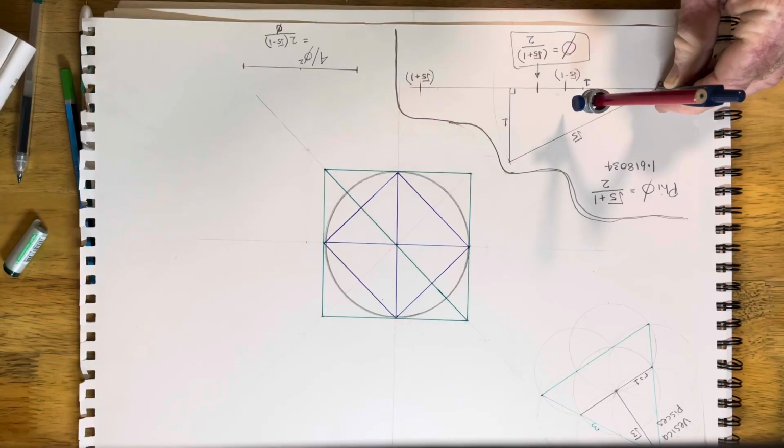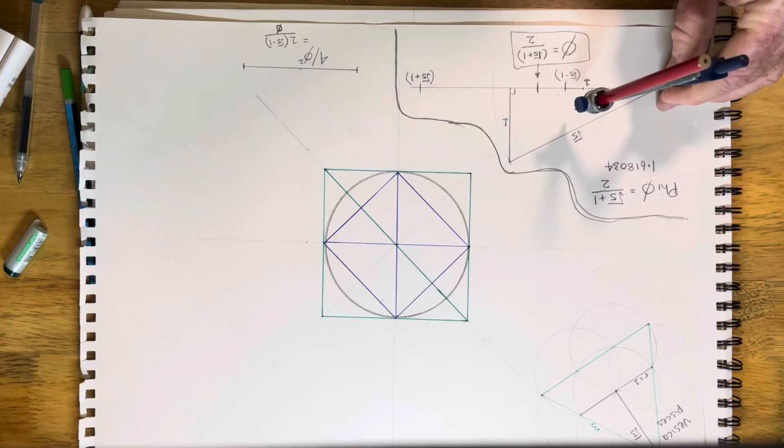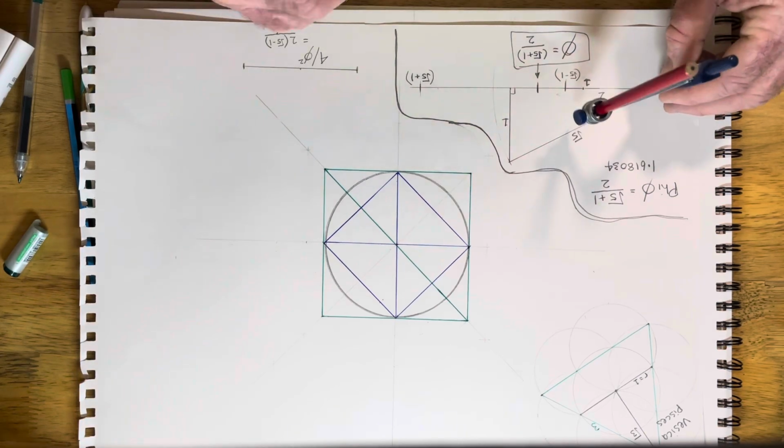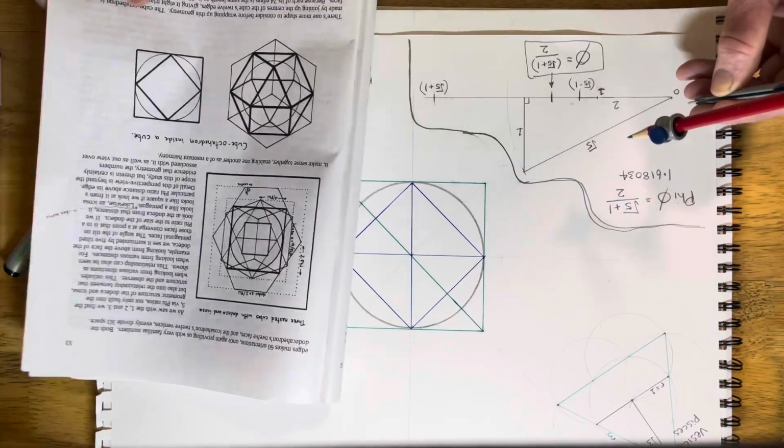This is the edge of the dodecahedron, and the vertices edge is 2 divided by phi, which is root 5 minus 1. Excuse me, I'm just trying to remember how I'm drawing this.